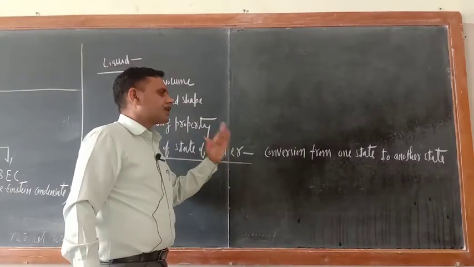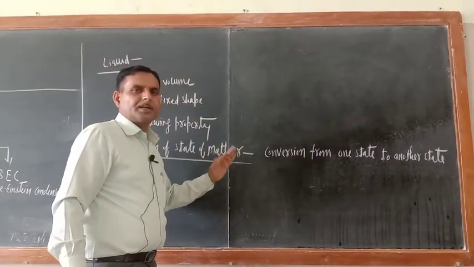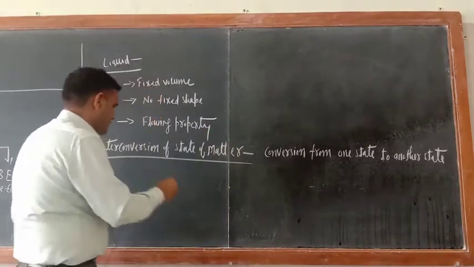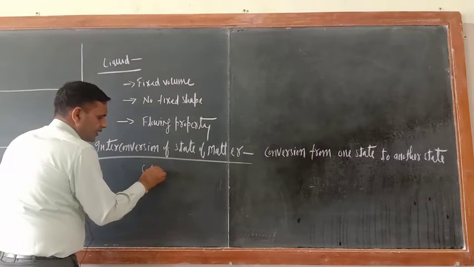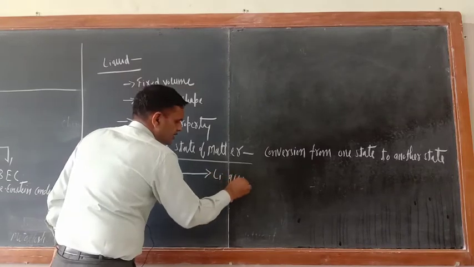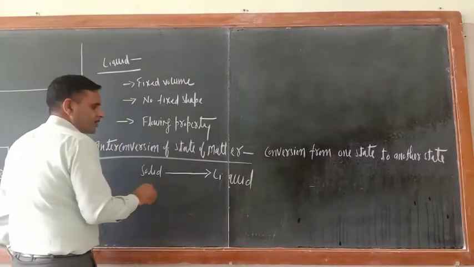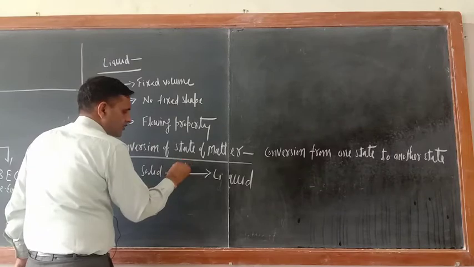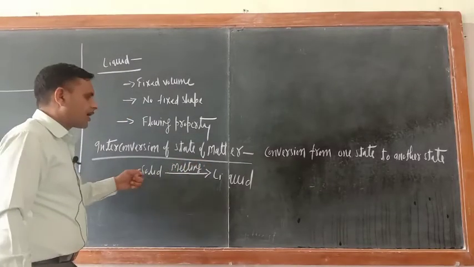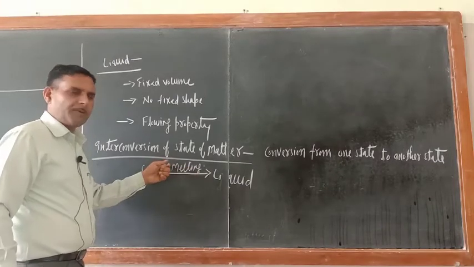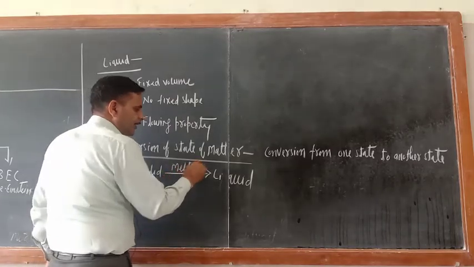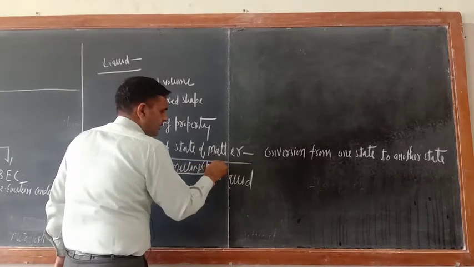In interconversion of states of matter, there are various processes. So what are those processes? If solid is getting converted into liquid, what is the name of this process? This process is known as melting. Conversion of solid into liquid is known as melting, and melting can only take place when heating is there.